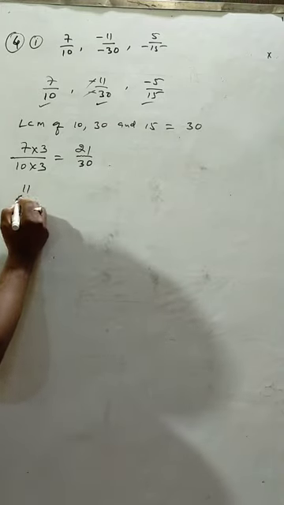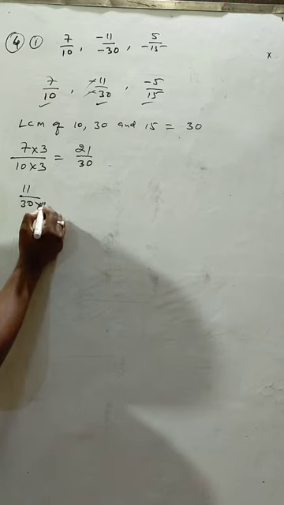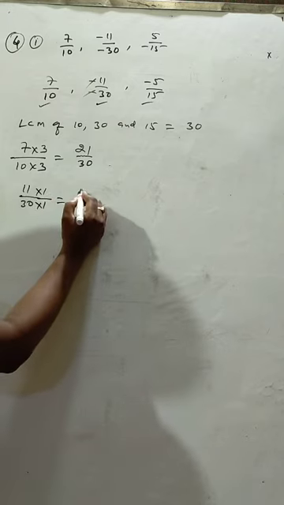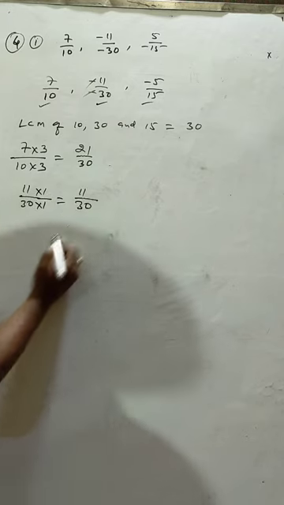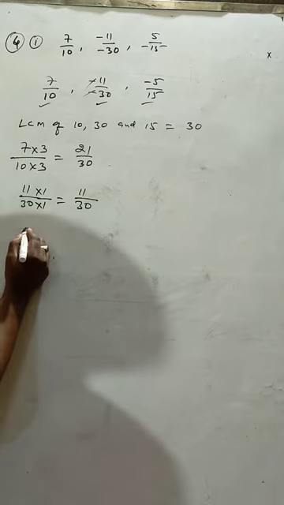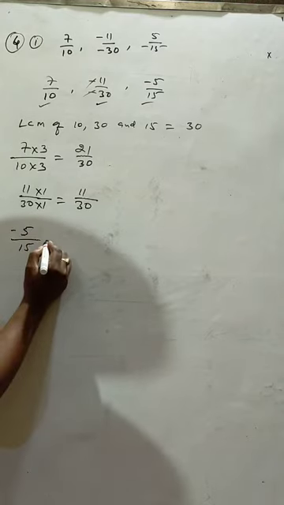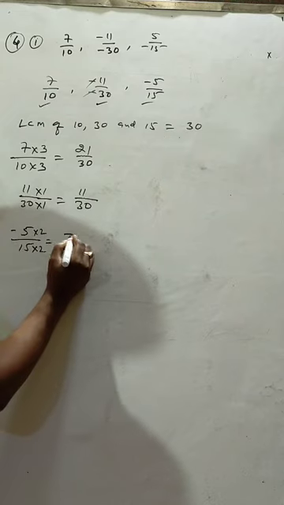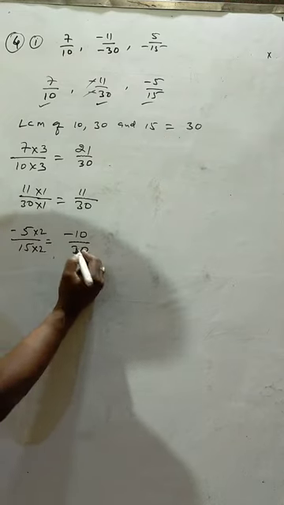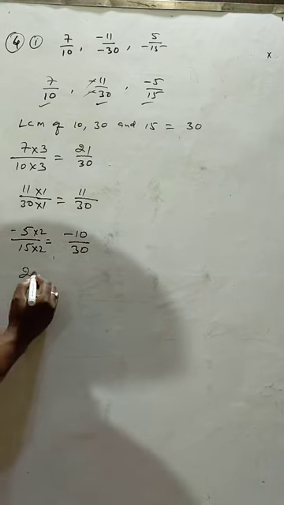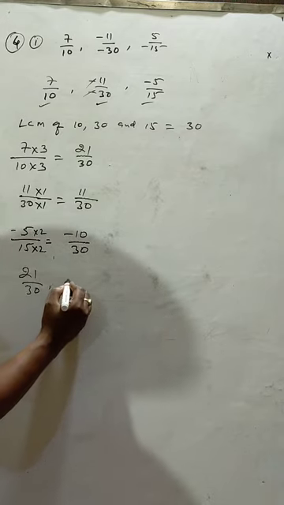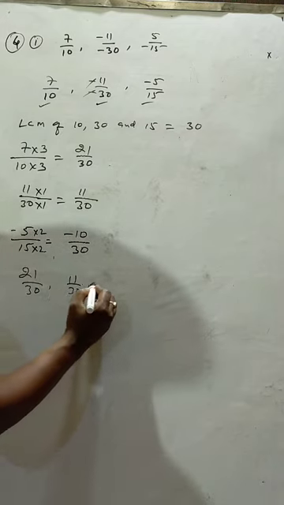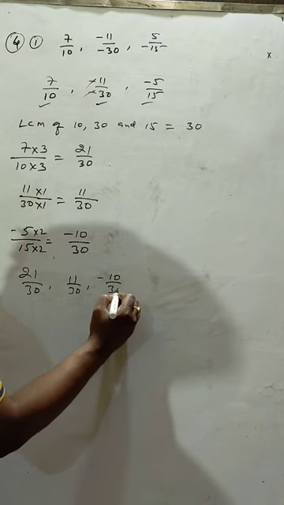Second is 11 by 30, which is multiplied by 1, therefore it will be the same. Third is minus 5 by 15, multiplied by 2, giving minus 10 by 30. So we have 21 by 30, 11 by 30, and minus 10 by 30.